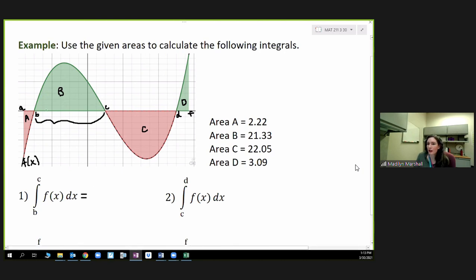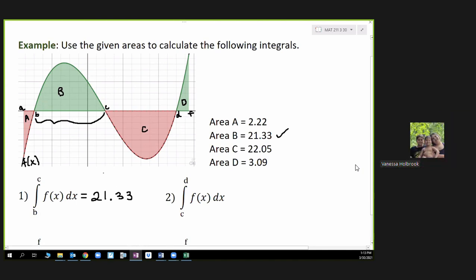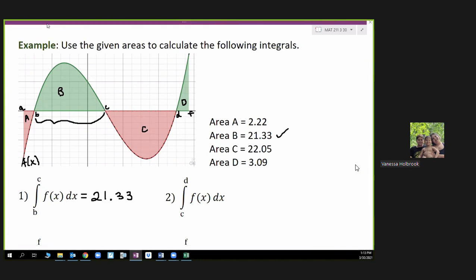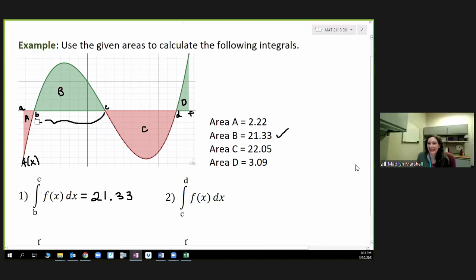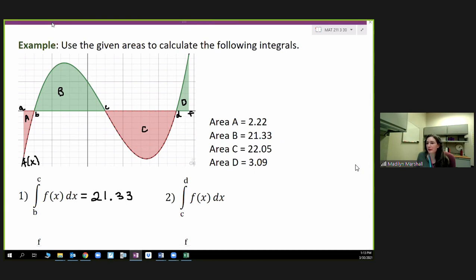So the area that we're looking at is this area capital B, which means that our integral would be 21.33. And that's it for this one. Nice. They'll get harder in 5.5. So that one is like our warm up.